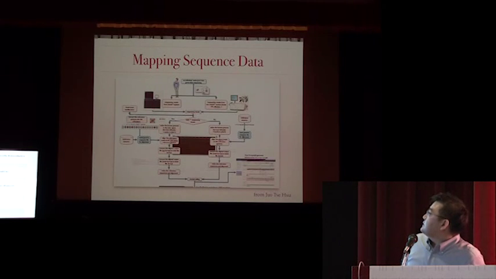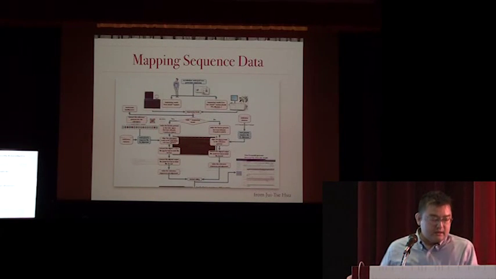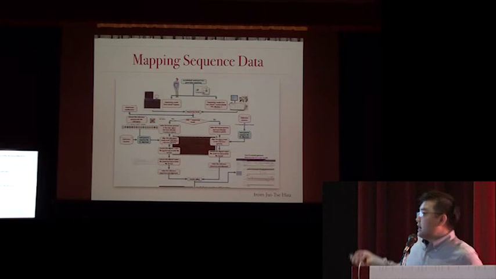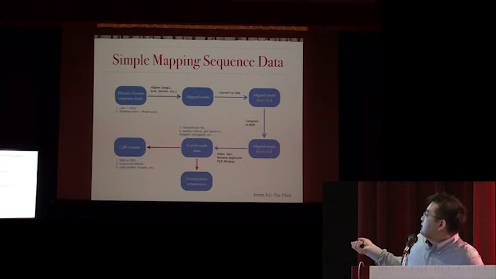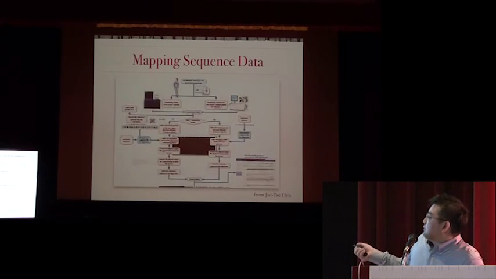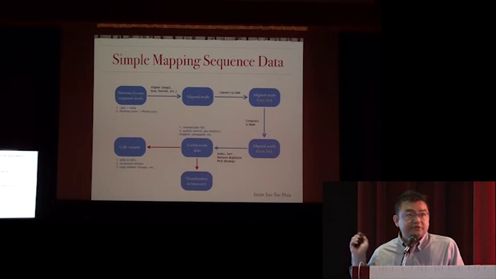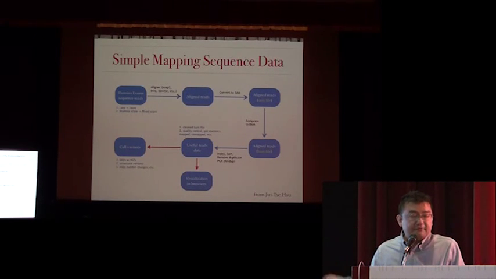This is a mapping sequence data workflow, and it uses public domain tools and file formats, like SAM file formats and BAM file formats, to do the variation calling. And this is a simplified workflow of this one. Okay. And as you can see, we use many tools written in different kinds of languages in this workflow.